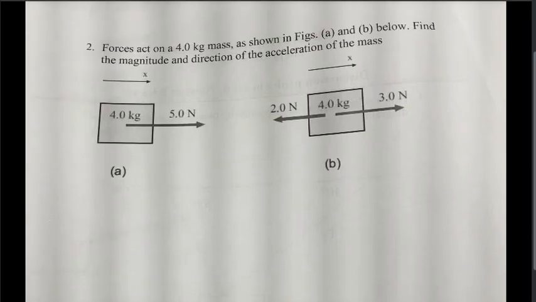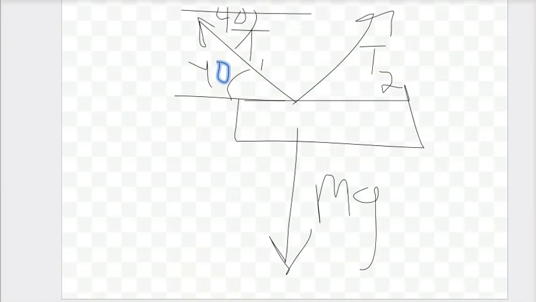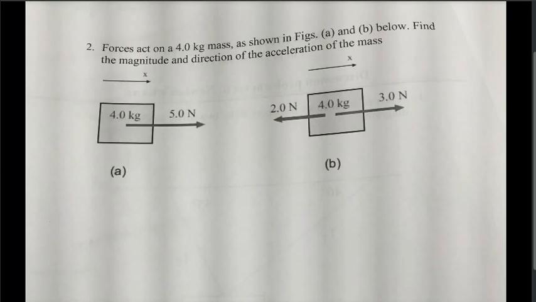This one's pretty easy. You just use the classic F equals ma. And not that. So we have m is 4.